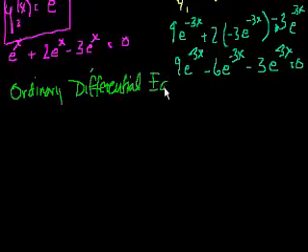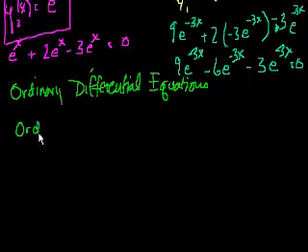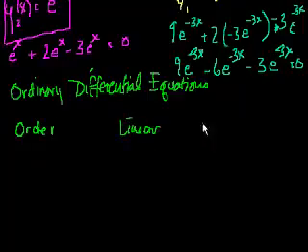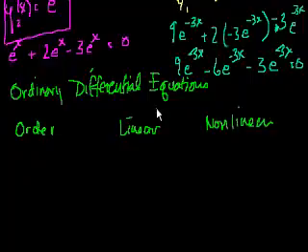Now, within ordinary differential equations, there's two ways of classifying, and they kind of overlap. You have your order. So what is the order of my differential equation? And then you have this notion of whether it is linear or nonlinear. I think the best way to figure this out is just to write down examples.